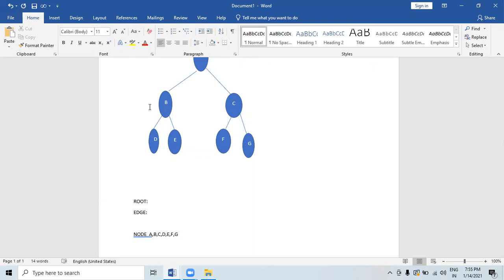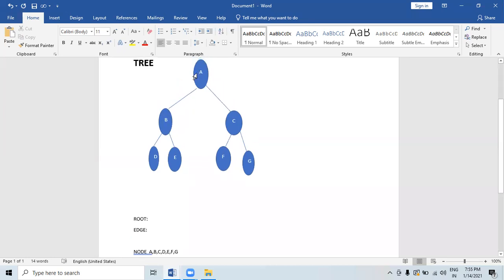The root node is the only node which does not have a parent. In the above example, you can see A, B, C, D, E are parent nodes. The root node is the only node which does not have a parent, so this is the root node.